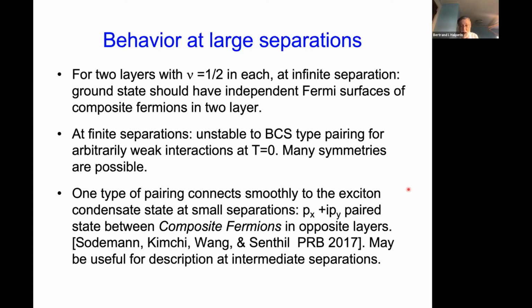Now, there are many types of pairing. It turns out that if you let the BCS-type pairing be in the channel of px plus ipy, momentum in the x direction plus i times momentum in the y direction, you get an exciton condensed state of these composite fermions in the opposite layers, which turns out to have exactly the same symmetries and in principle can match smoothly onto the tightly bound fermion exciton condensate states that we've been talking about.